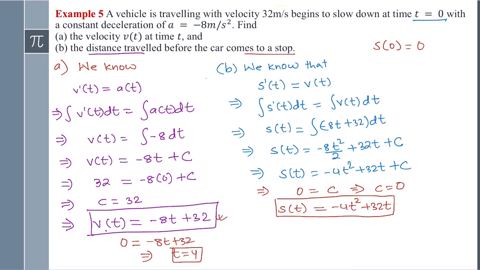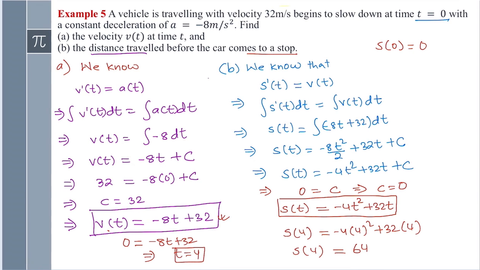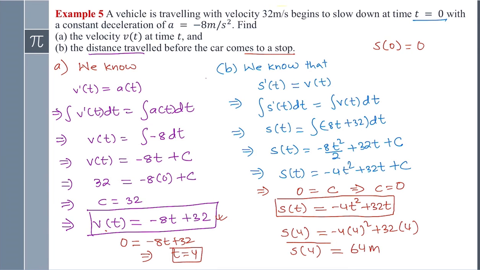That means the distance traveled in those 4 seconds is s of 4 equals negative 4 times 4 squared plus 32 times 4, which simplifies to 64, and the unit is meters. So the distance traveled by the car before it comes to a stop is 64 meters.